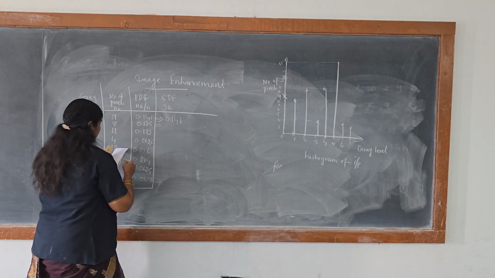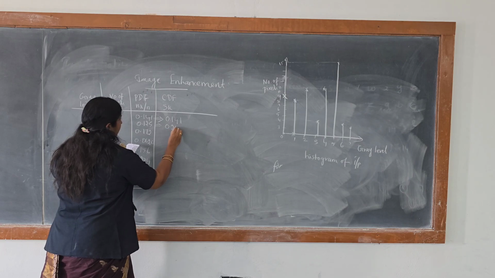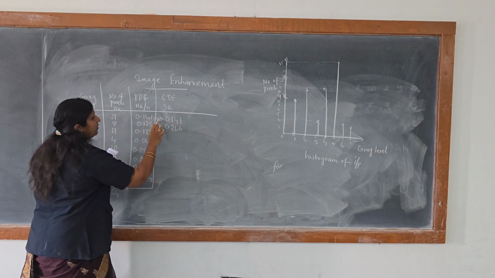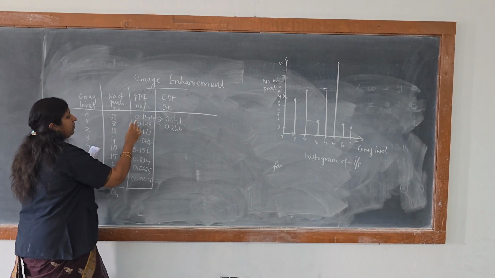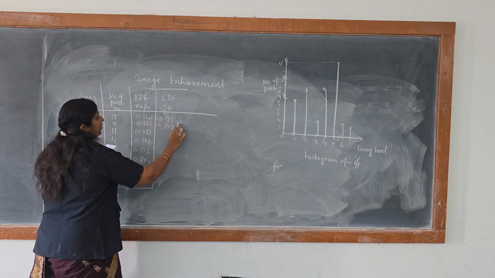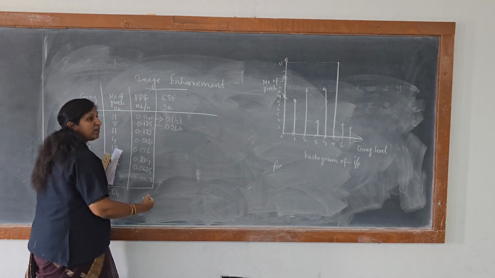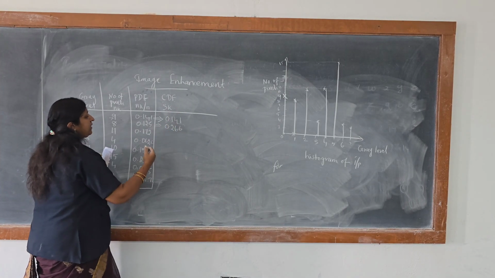Here we will get 0.266. What we have done is, the PDF of the first gray level is taken as the CDF of the first gray level, and for the successive values, we cumulatively add the previous value.